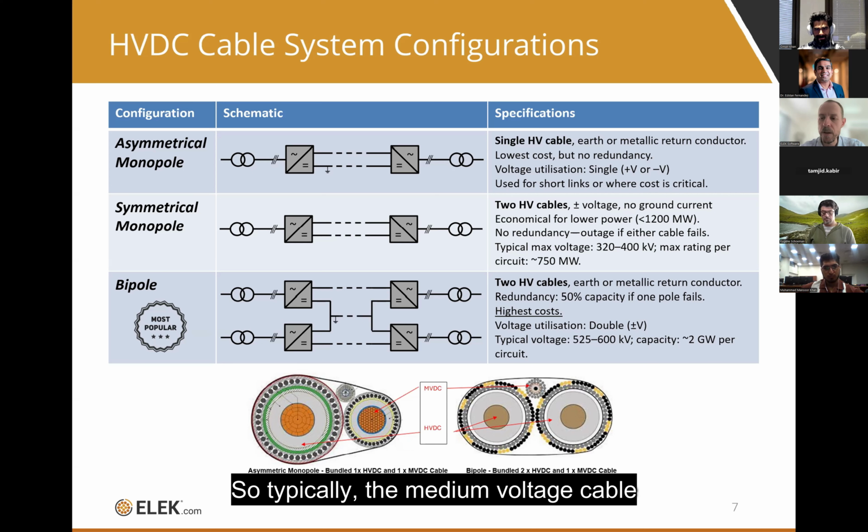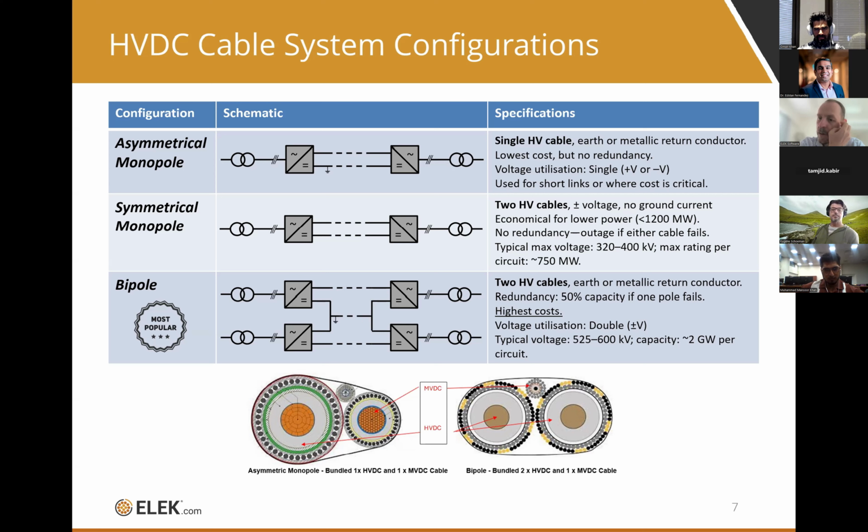So typically the medium voltage cable shown there for the asymmetric monopole is used as the earth return conductor. And the bipole system requires a significantly smaller dedicated earth return conductor because the earth return currents are significantly less than compared to an asymmetric monopole.